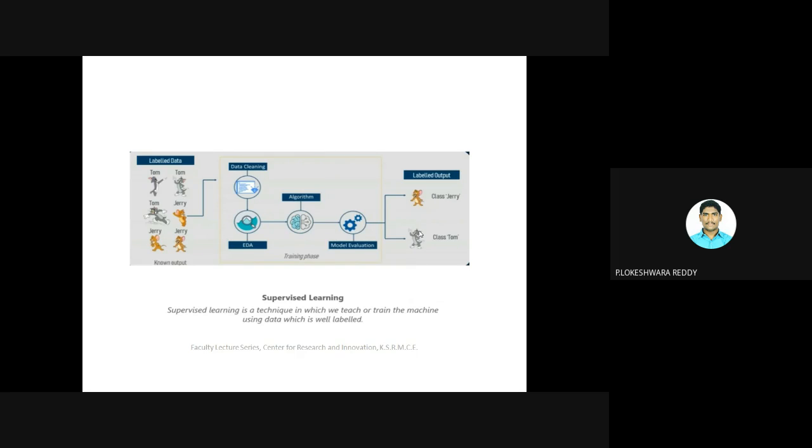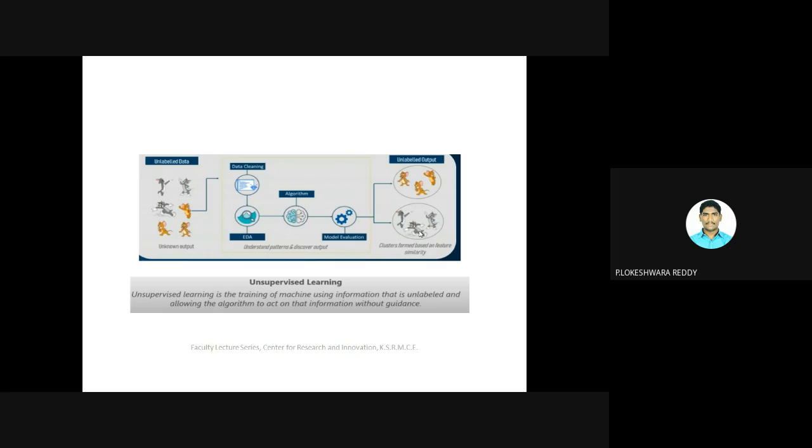The entire contrast of supervised learning is unsupervised learning. In unsupervised learning, you do not provide any sort of labeling to the images, or to the data that we gathered. We take the unknown data, and this unknown data is given to a machine learning process, and at the output it labels out the different categorizations.